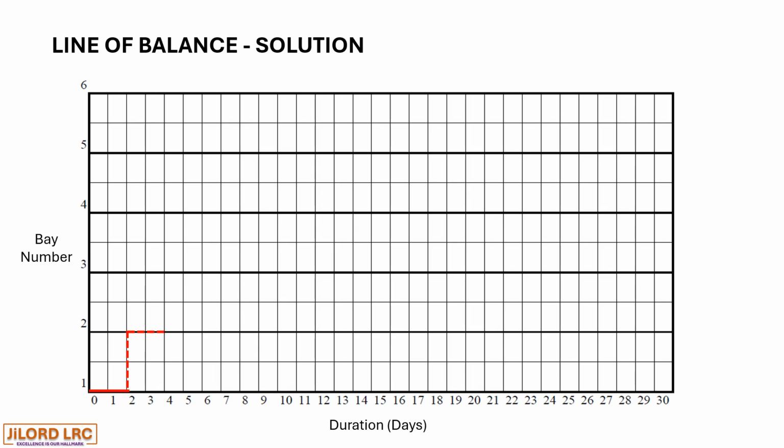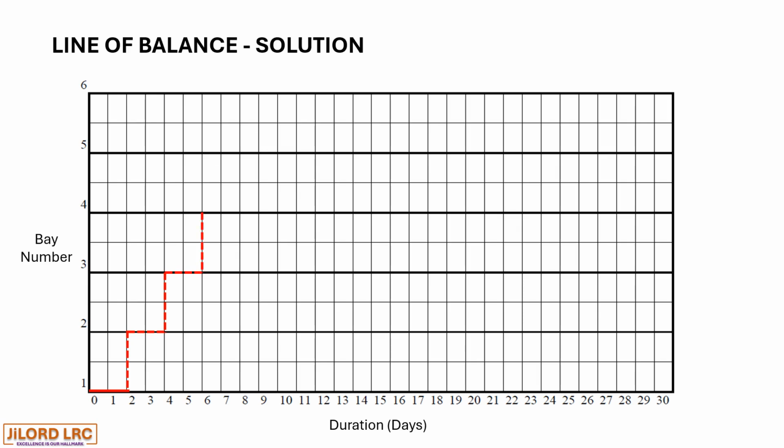So we see that the second bay had its piles installed for 2 days, moving from day 3 to 4. And we have bay 3 having its pile installed from day 5 to day 6.